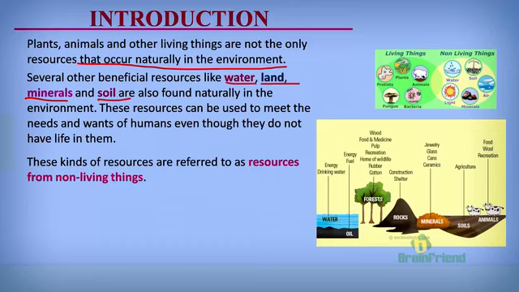These other beneficial items occur naturally in our environment and they provide benefits to mankind. These resources are used to meet the needs and the wants of humans, even though they do not have life in them. They do not have life, but they are also resources. This kind of resources are referred to as resources from non-living things. And those are what we shall be looking at in today's class.